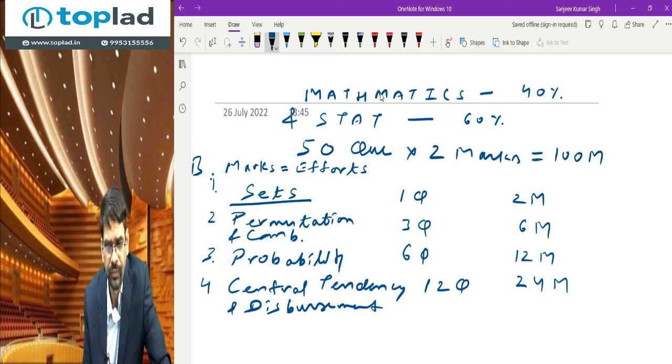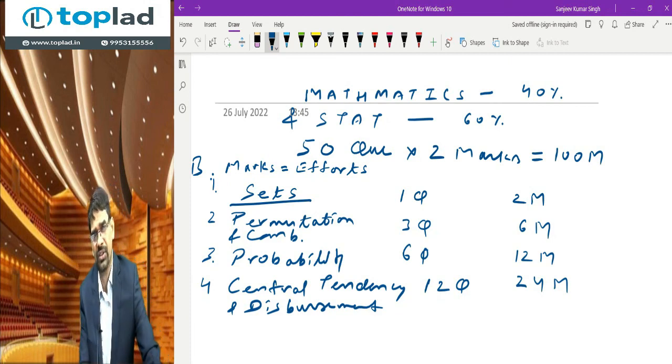Friends, a very important quotation we would like to quote here: practice makes a man perfect. It totally applies to mathematics and statistics.